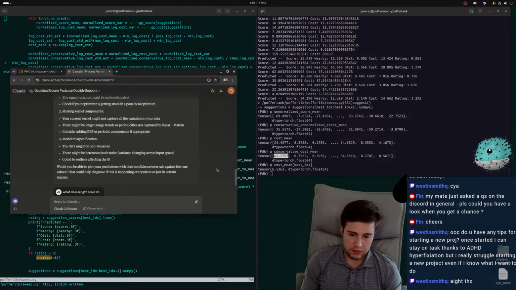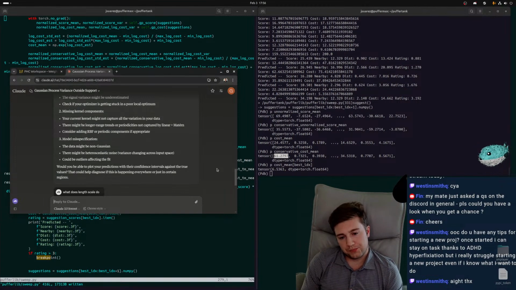This is tricky in a way because I don't think I can penalize if I divide by the variance.